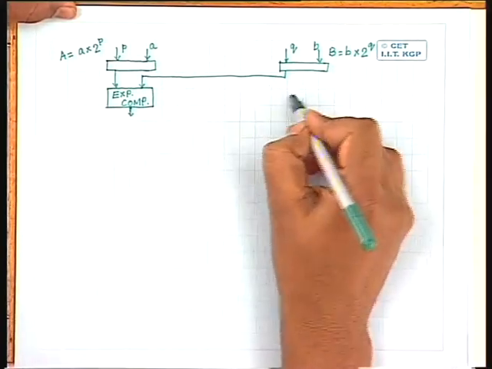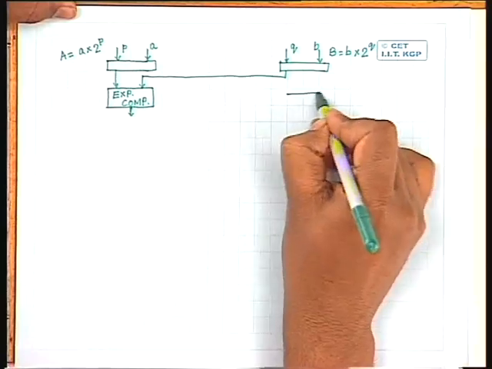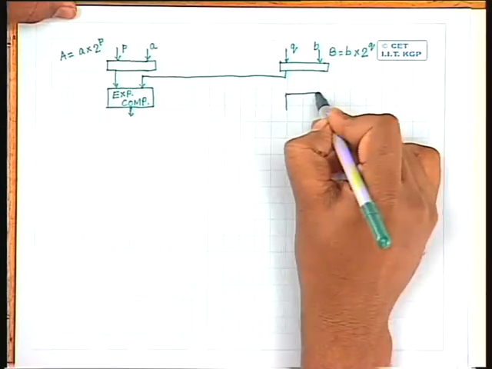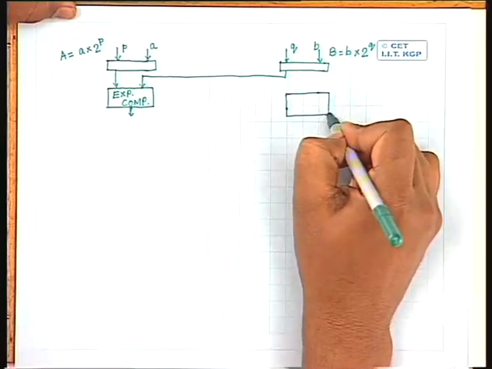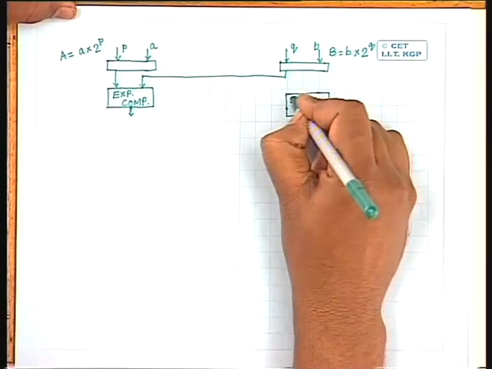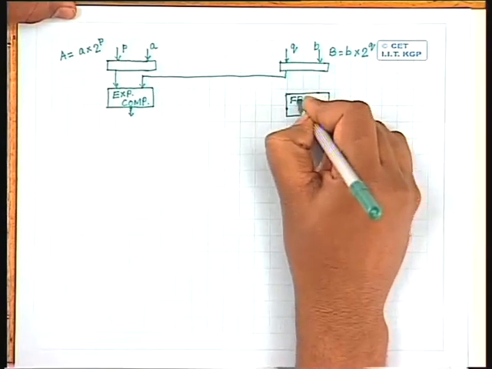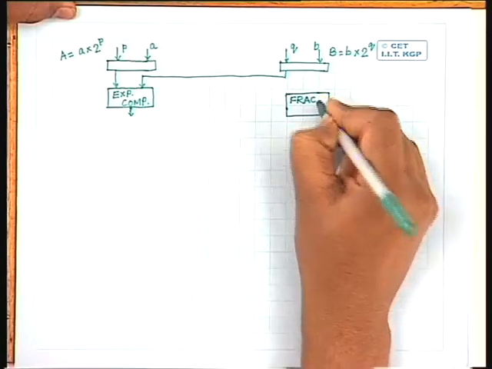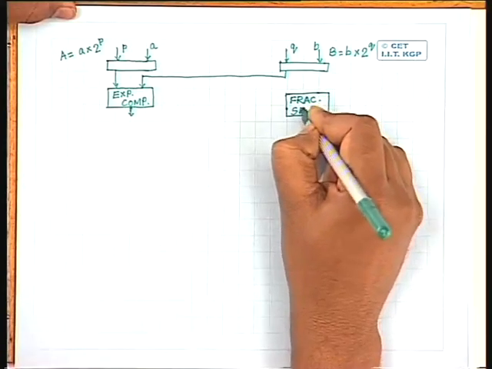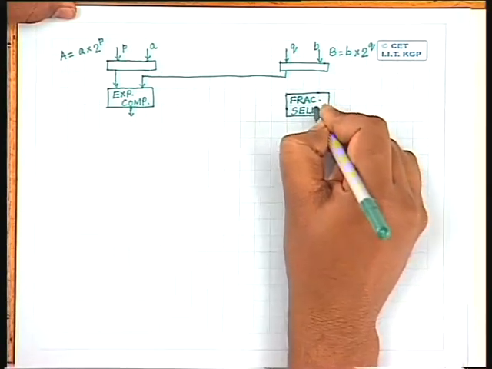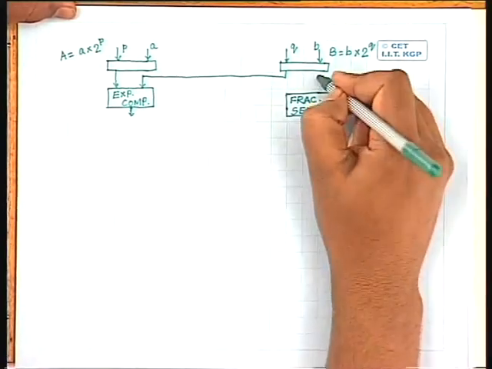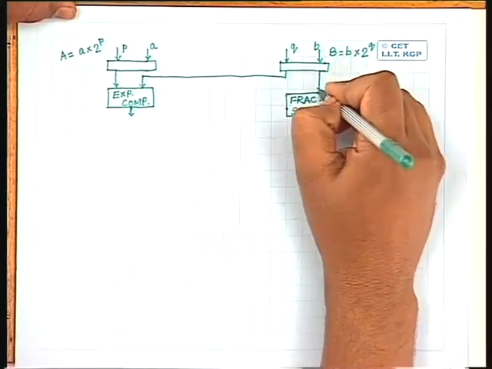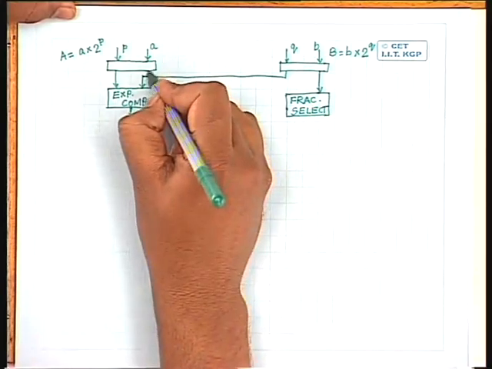So on this side, I have to have a fraction selector. The fraction selector will take these fraction inputs B and A.